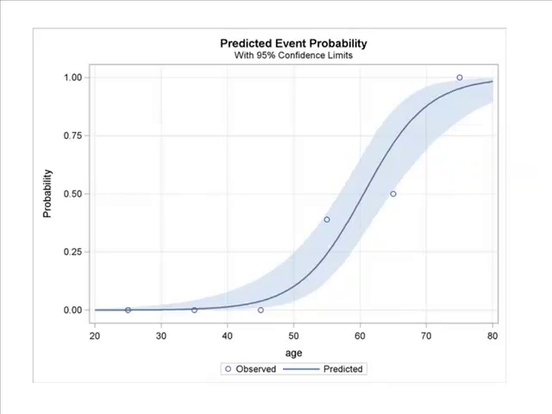Okay. Here is an example, predicted event probability with confidence limits. I can't remember what this example is, but the independent variable is age. Let's call it death. What's the probability that you die at a certain age? Don't judge me.